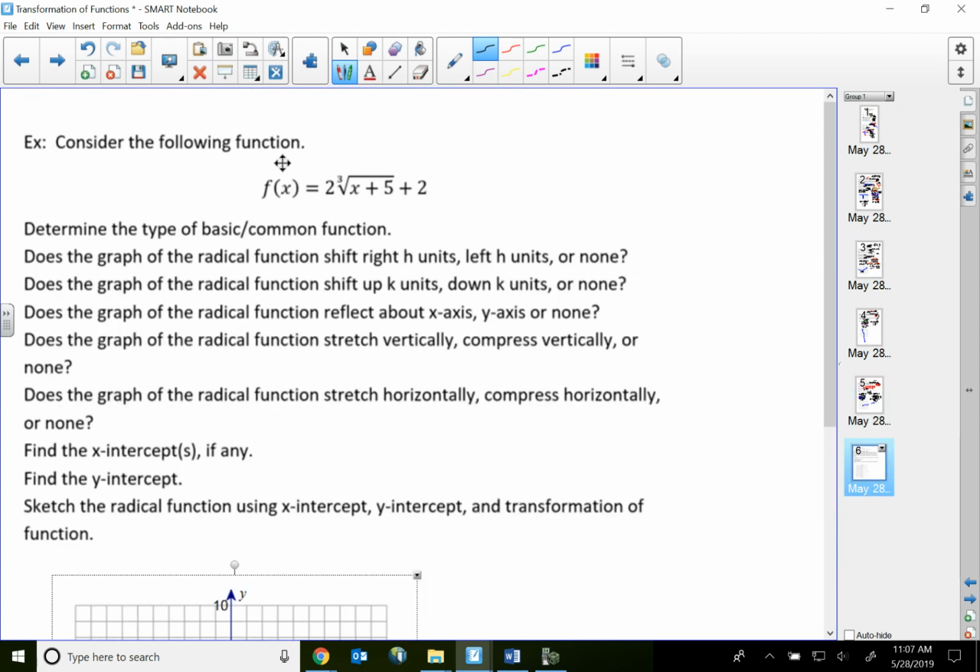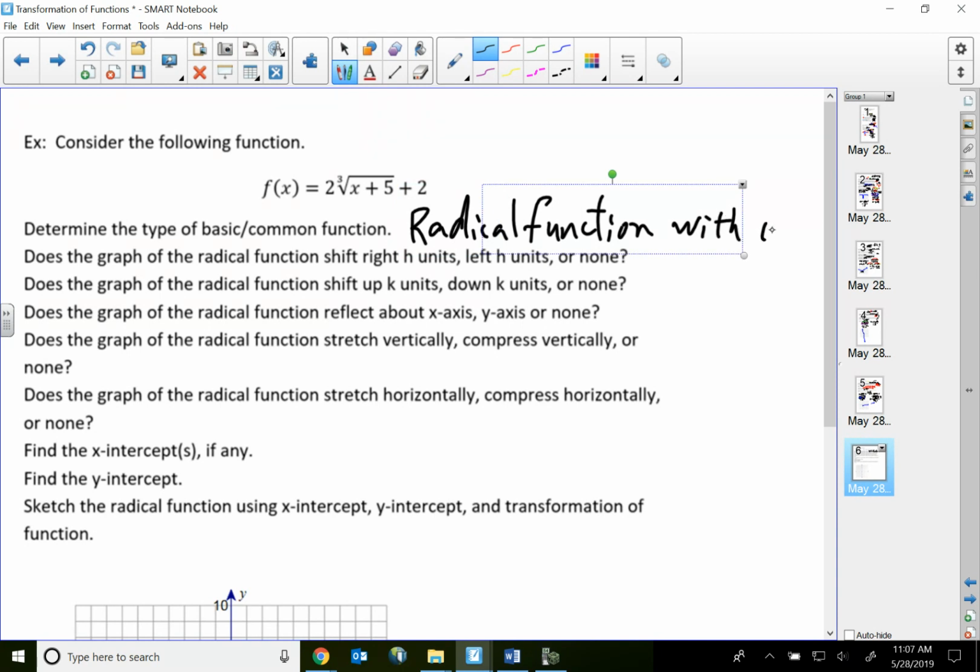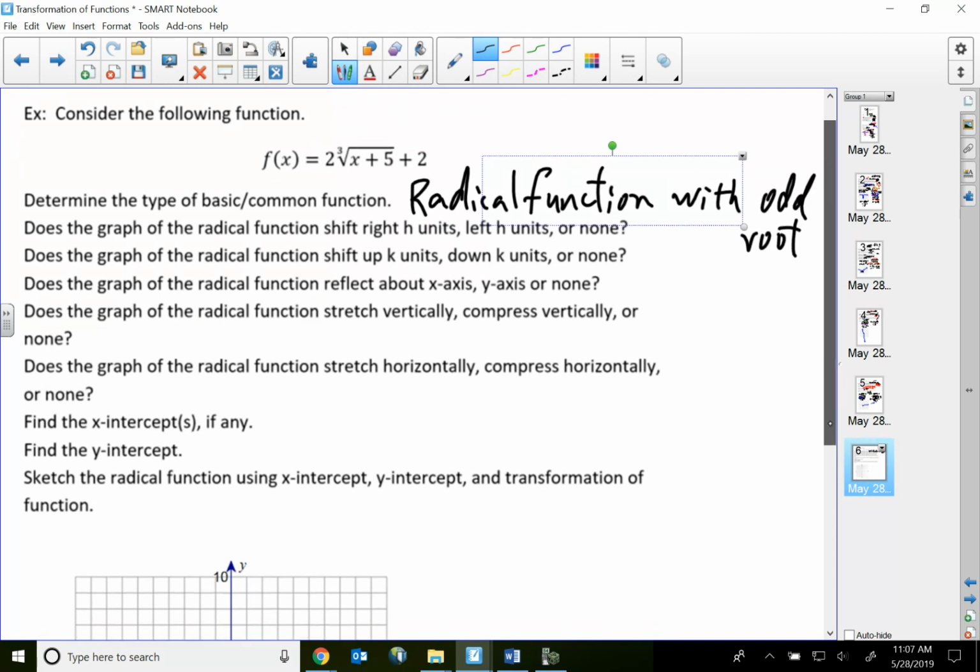All right, one last one. Cube root functions. This is a radical function with cube roots, or you can say cubic function.